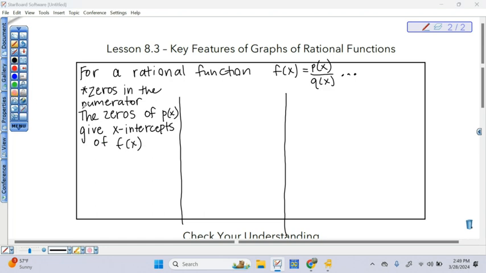So again, when I have zeros in the numerator, that's telling me the x-intercepts. And why is that true? Because if the numerator is 0, the whole function is equal to 0.